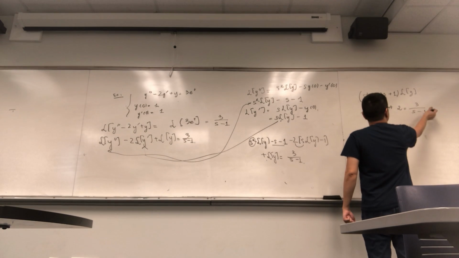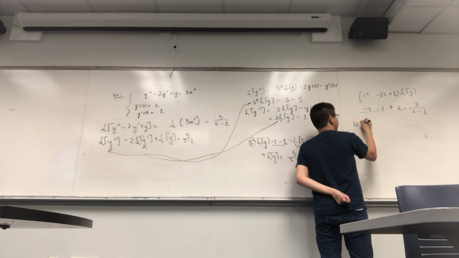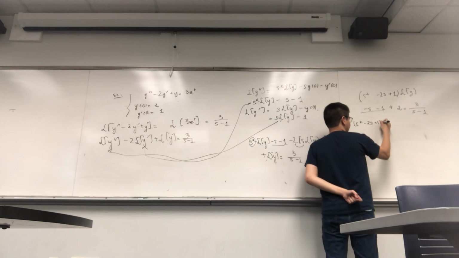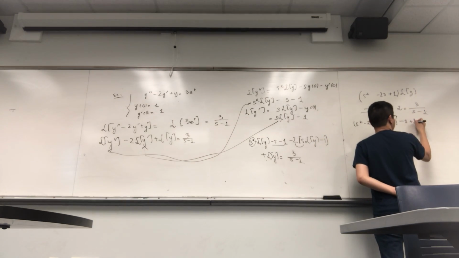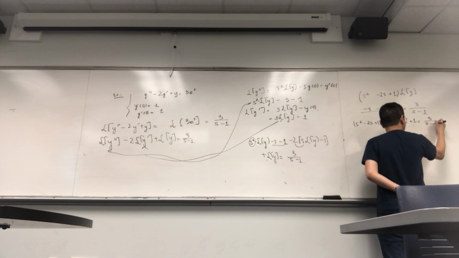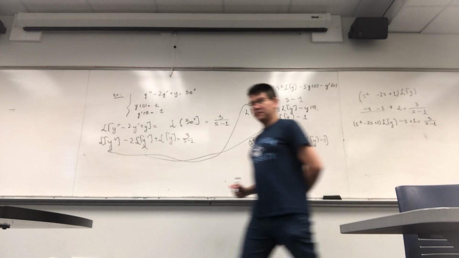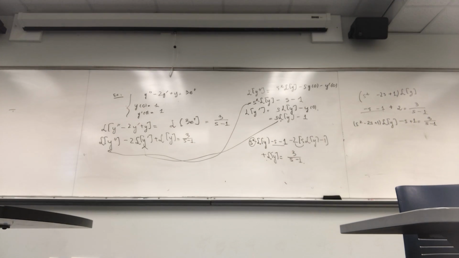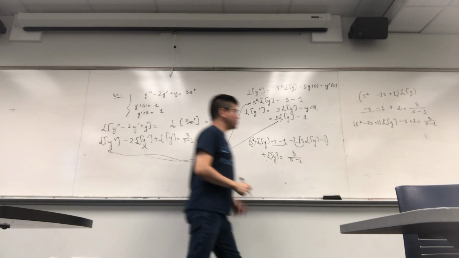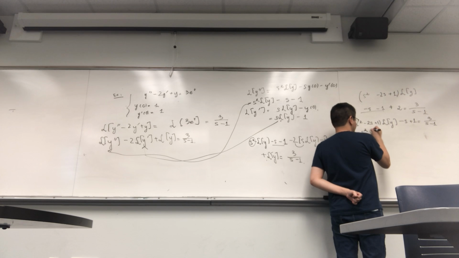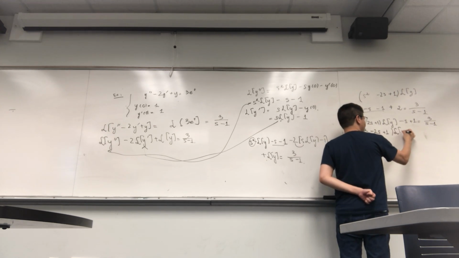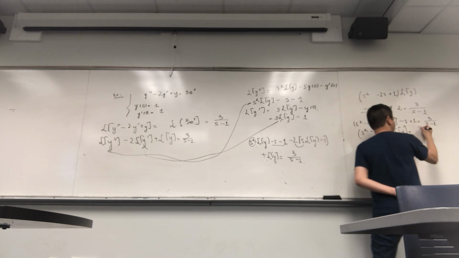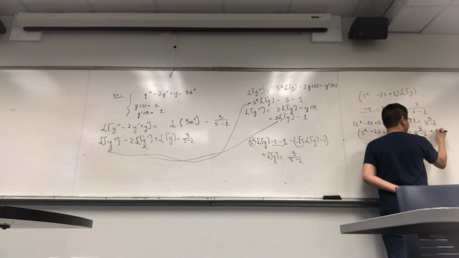So this gives me s squared minus 2s plus 1 times the Laplace transform of y minus s plus 1, and this is 3 over s minus 1. It's good? So which means that s squared minus 2s plus 1 times the Laplace transform of y will be 3 over s minus 1 plus s minus 1.